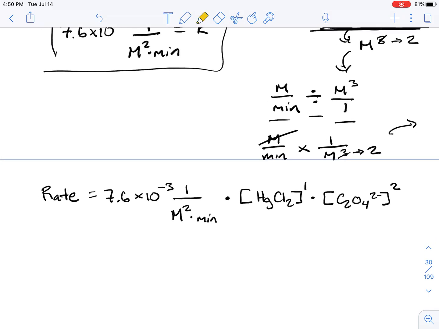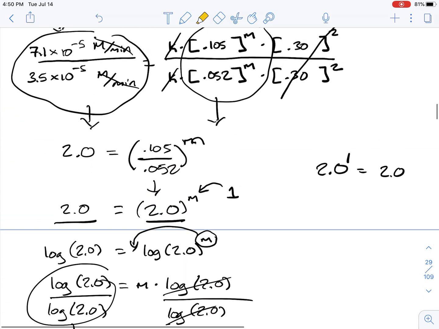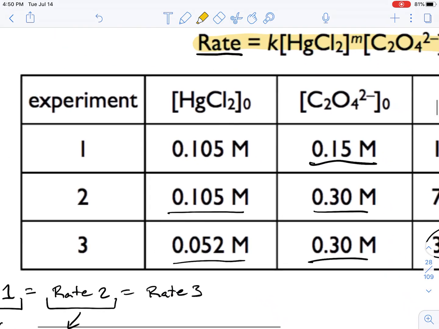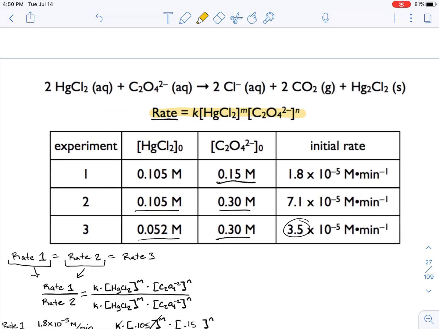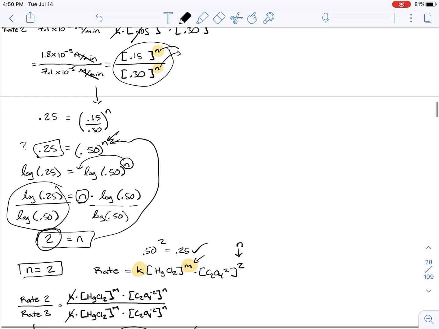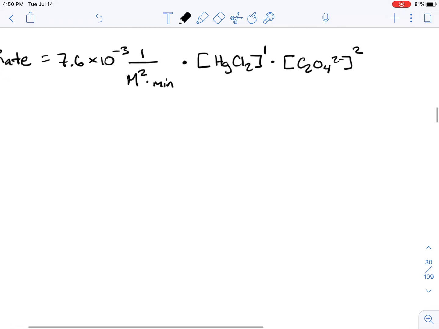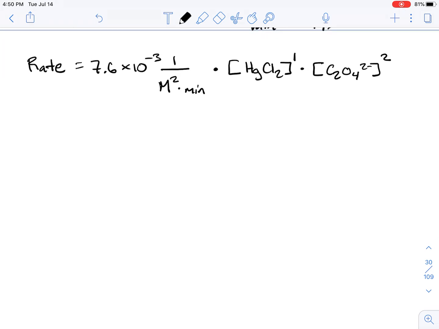So on the exam, when I give you guys kinetic data, and from this kinetic data, I want you to determine the rate law, the complete rate law, I need you guys to figure out what K, M, and N is. Okay? And so the complete rate law for this chemical reaction at this temperature is going to be this.